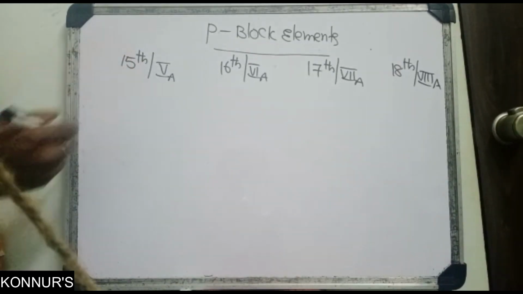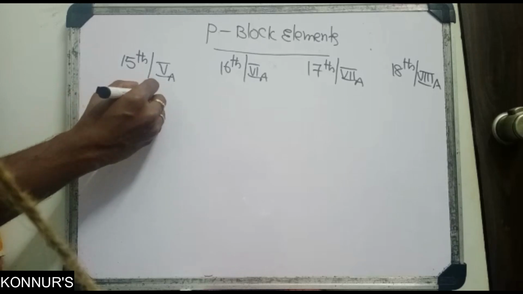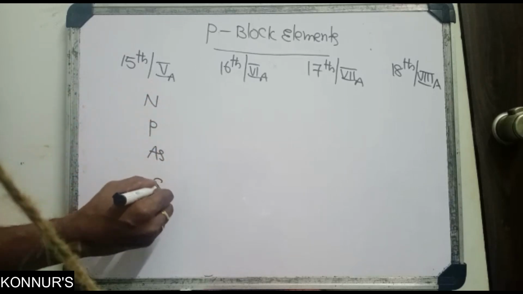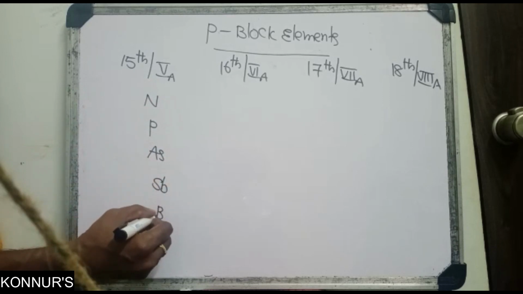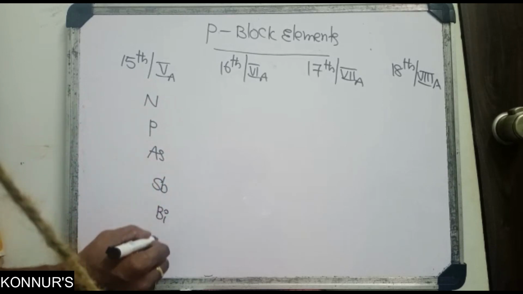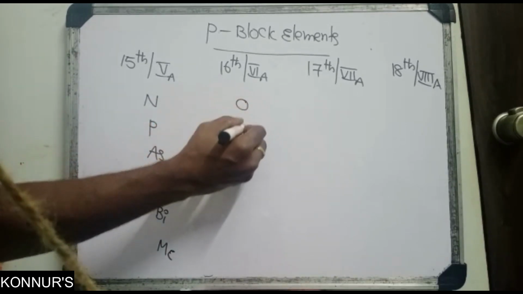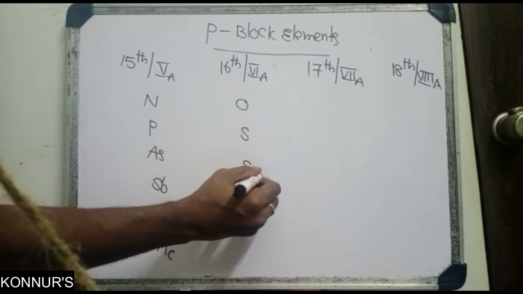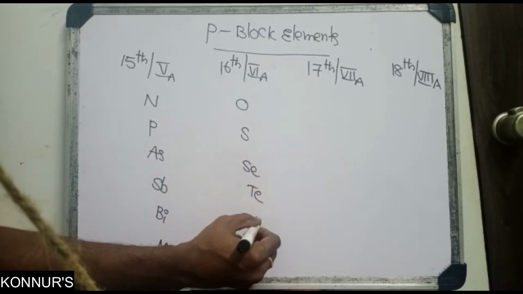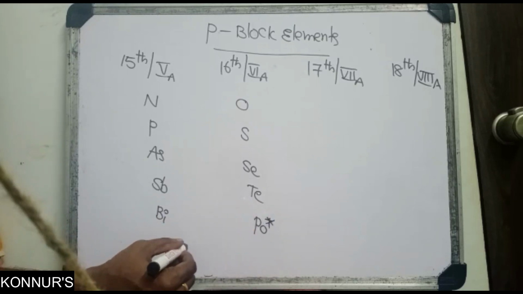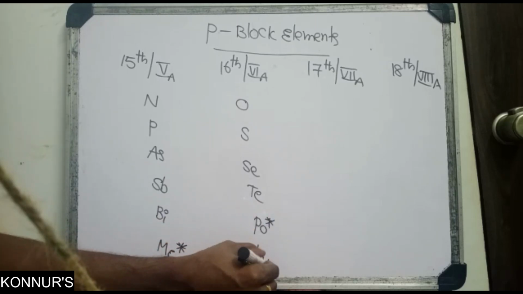Say 15th group elements: nitrogen, phosphorus, arsenic, antimony, bismuth. Next moscovium. Next oxygen, sulfur, selenium, tellurium, polonium. Next livermorium.